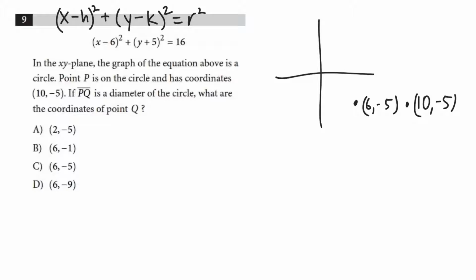Well, we know that 16 equals the radius squared, so 4 equals the radius. And that makes sense. 6 plus 4 is 10. Well, then 6 minus 4 should be the other point, a point on the opposite side of the circle, which should be 2, negative 5. Okay, and that is our first solution.